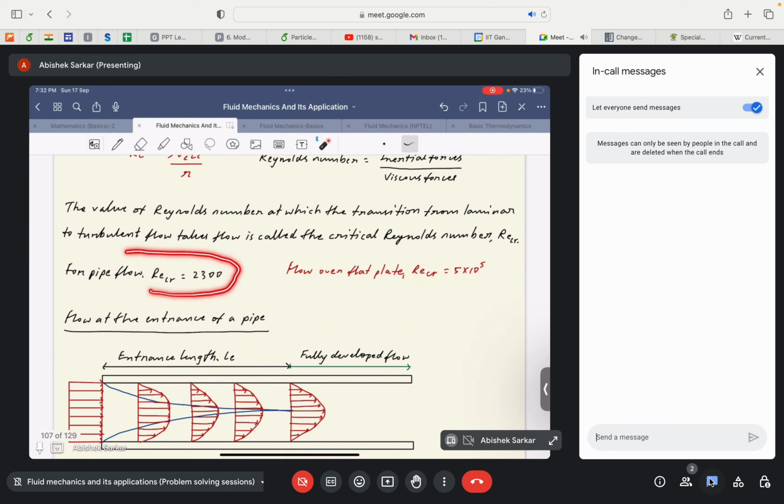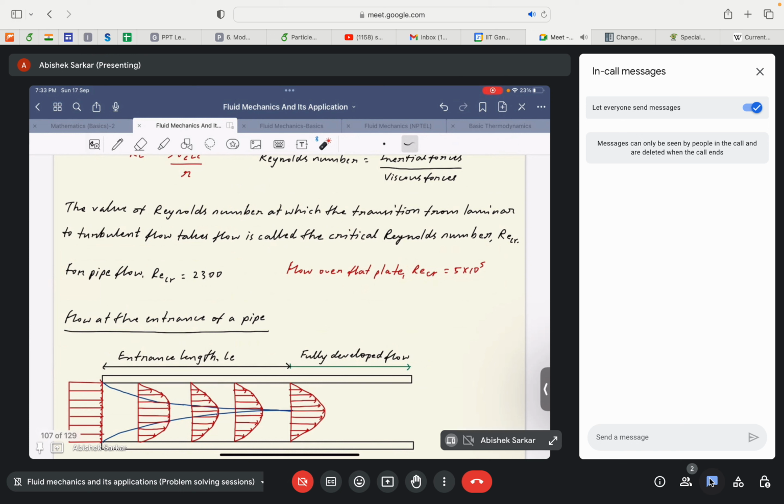In some books, it may sometimes be written as 2000. That's not wrong, it depends on different authors, but 2300 is actually taken as the standard value. Many authors and standard books have defined this value as the critical Reynolds number for pipe flow, so we usually follow this value.